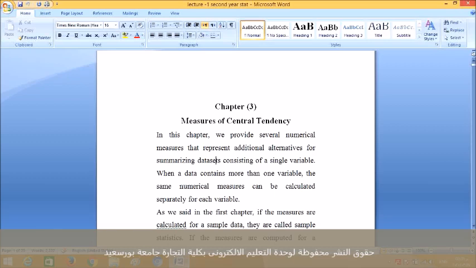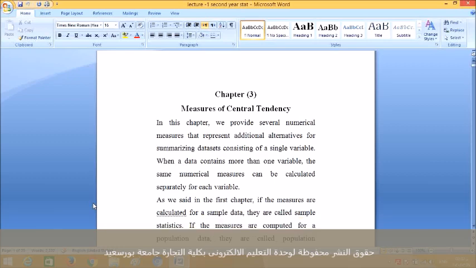Now look, when data contains more than one variable, the same numerical measures can be calculated separately for each variable. As we said before in the first chapter, if the measures are calculated for sample data, they are called sample statistics.